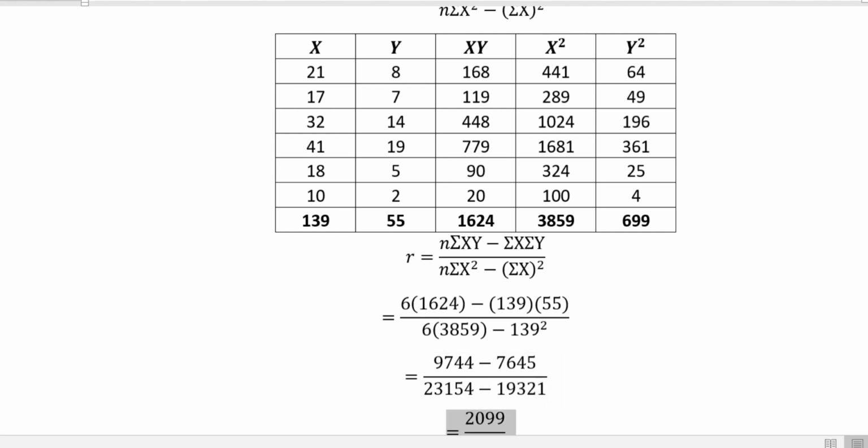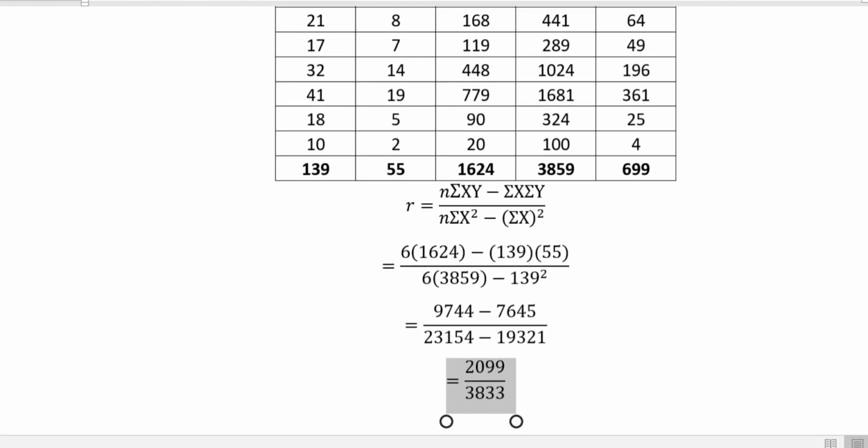So if we simplify further, the numerator will give us 2099 over the denominator, which will simplify to 3,833.